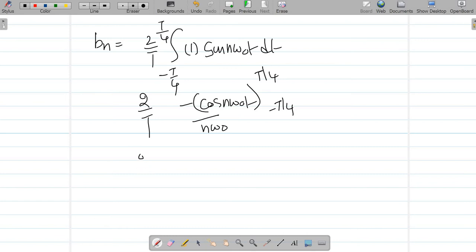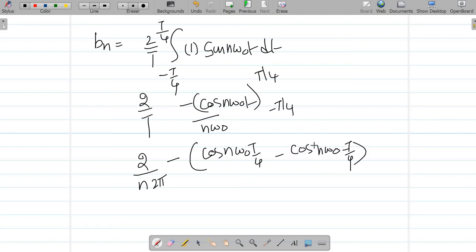So it will be 2 divided by n 2 pi times negative cos n omega naught T by 4 minus cos n omega naught negative T by 4. So you can very well see that the terms inside the bracket evaluate to 0.